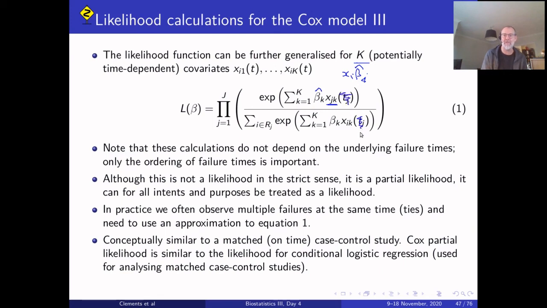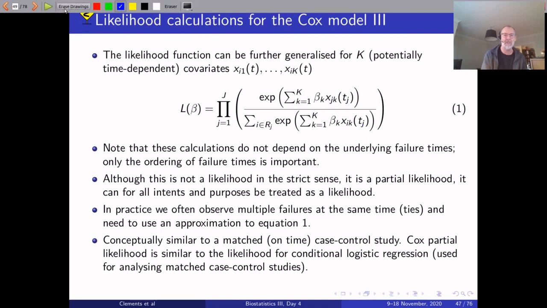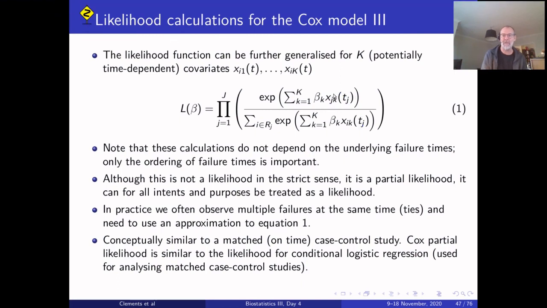If we don't have this, then we don't have time varying effects. When we do Cox proportional hazards without the tt function, we get this likelihood, and with the tt function, we're actually saying we're allowing these values to change with respect to time.